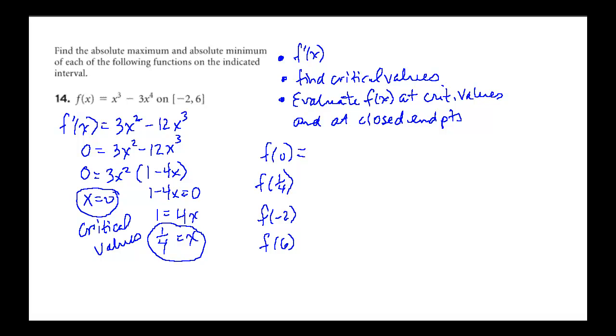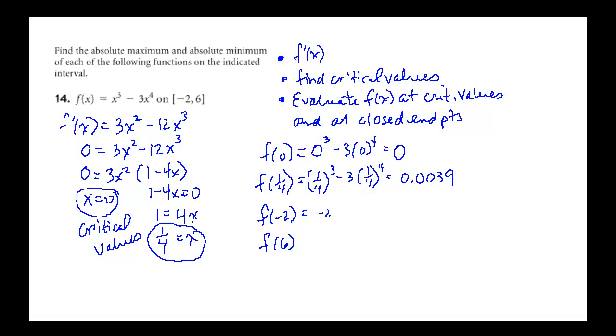So we need to find f of 0, so that's going to be 0 cubed minus 3 times 0 to the 4th, which is 0. The next one is going to be f of 1/4. So that's going to be 1/4 cubed minus 3 times 1/4 to the 4th, which if we plug this into our calculator is going to be about 0.0039.